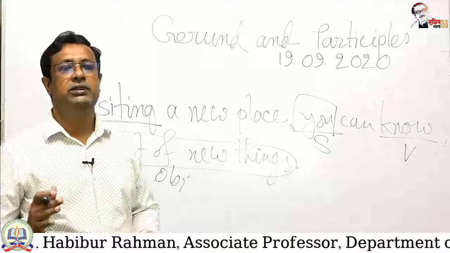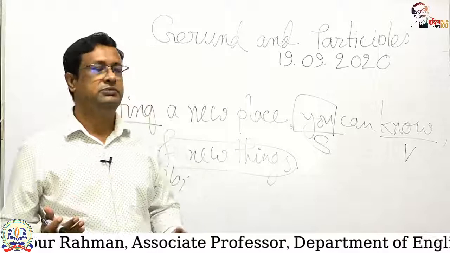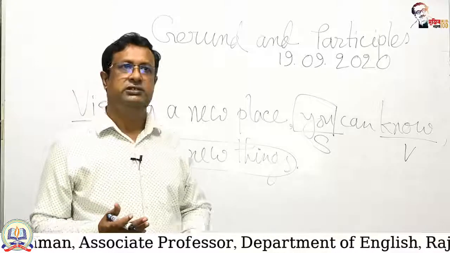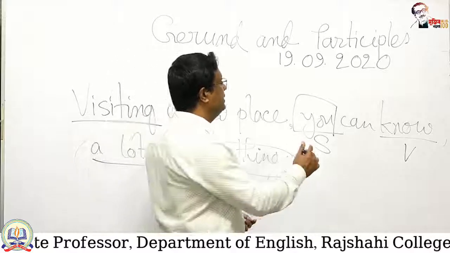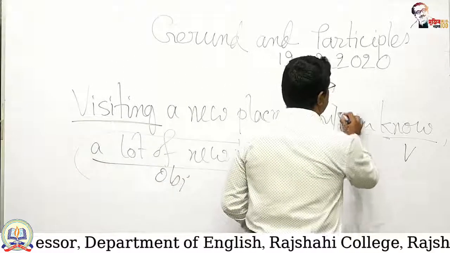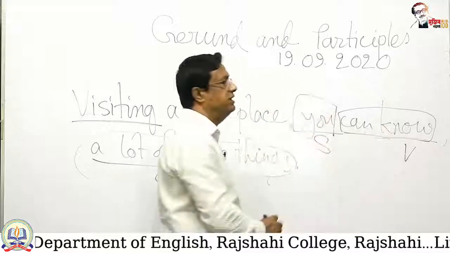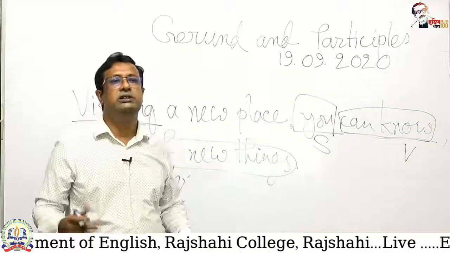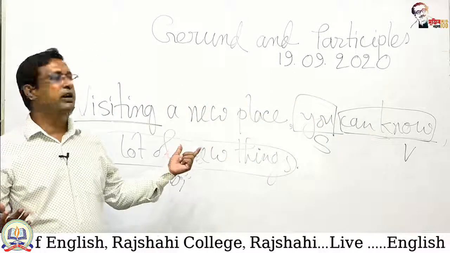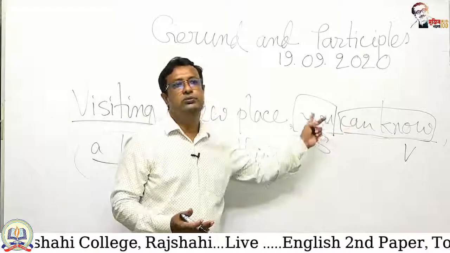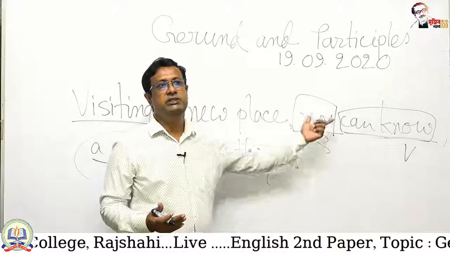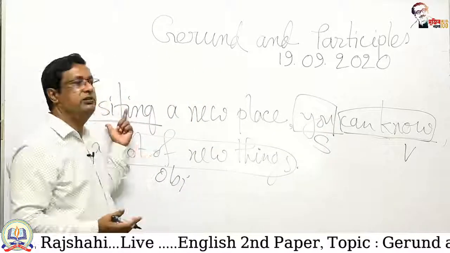A finite verb always changes in respect of tense and person. Suppose here you find "you can know." This "can know" is a finite verb. If I wanted to mention this in a past form, I would write "you could know" or "you would know." It may be changed, but "visiting" cannot be changed.